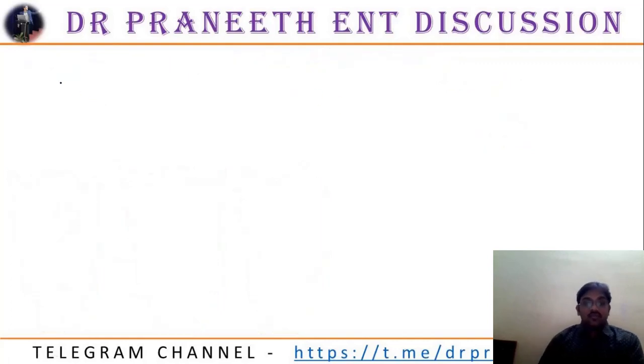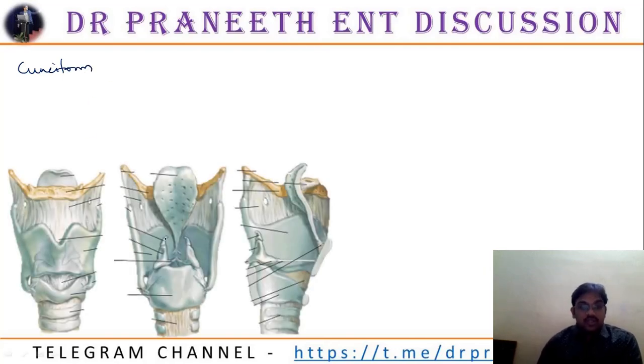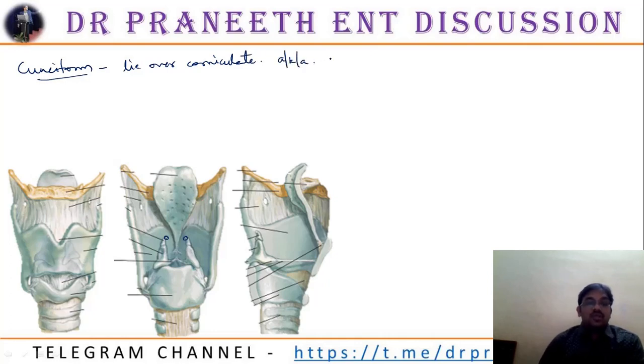And coming to the next cartilage, that is cuneiform. These cuneiform cartilages are nothing but one small piece of cartilage that lies over the corniculate cartilage. They are also known as cartilages of Risberg.